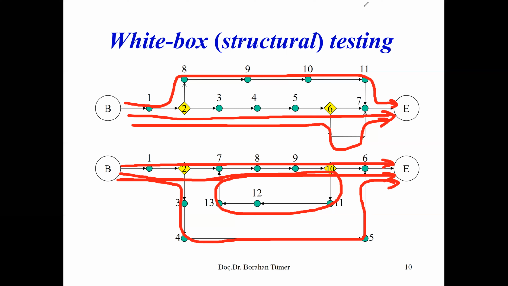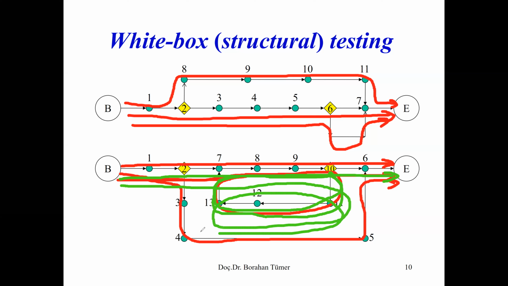Let me draw this using another color so you can see it better. Well, we have here this path. This is another path. Since we have a loop there, this is another path. Okay? And this here is another path.